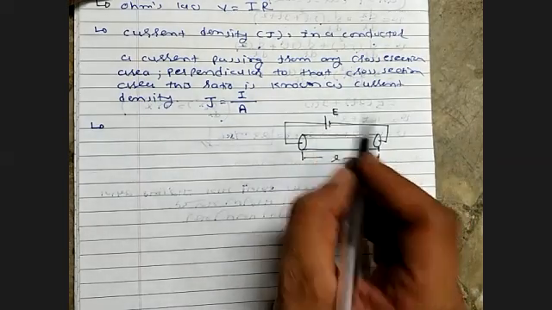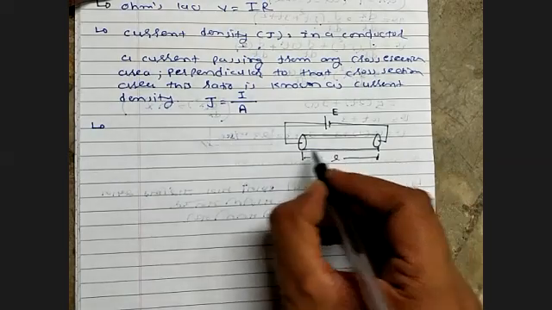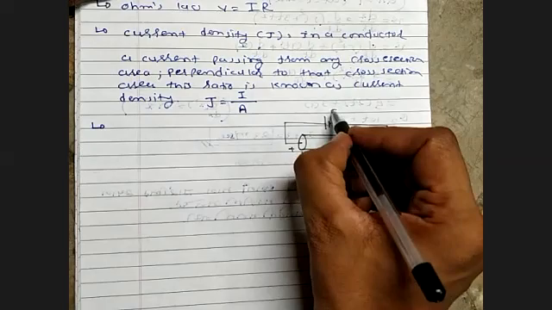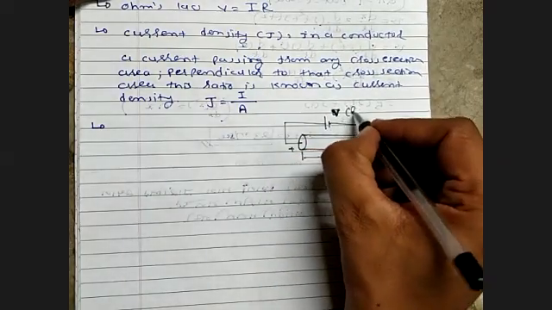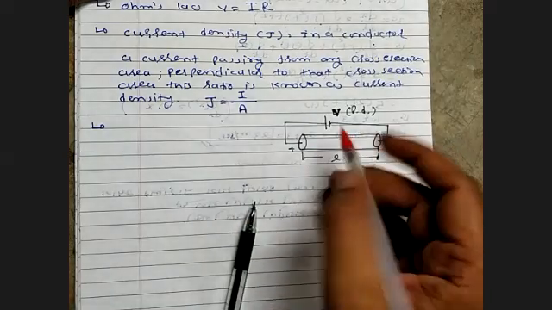Do not take it as an electric field. Electric field is inside here. So we replace it by V. V is the potential difference. As I write down potential difference, we can understand properly.